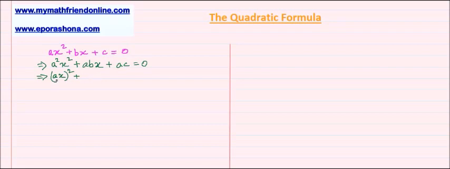So the first term is in our case ax whole square plus. Next we will be having a term containing a factor of 2, and then multiplied with the first term and then the second term. So first of all, let us write 2. Then we write this first term, that is ax.